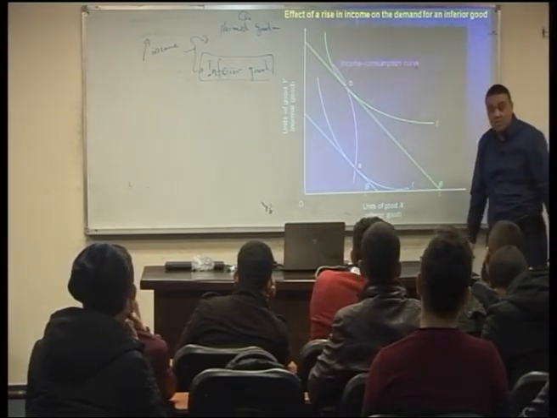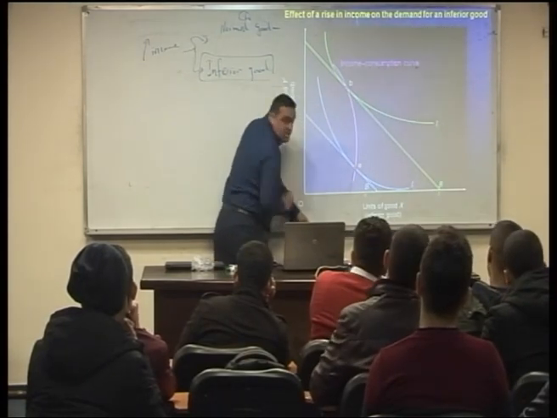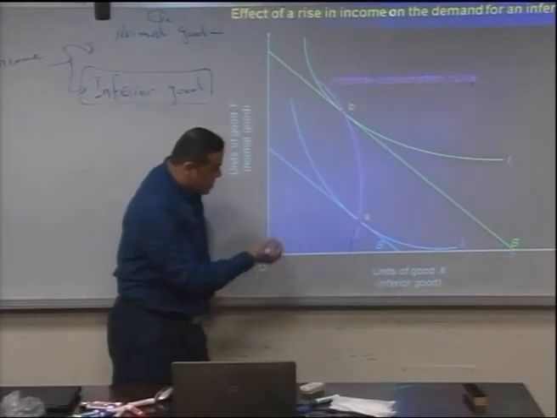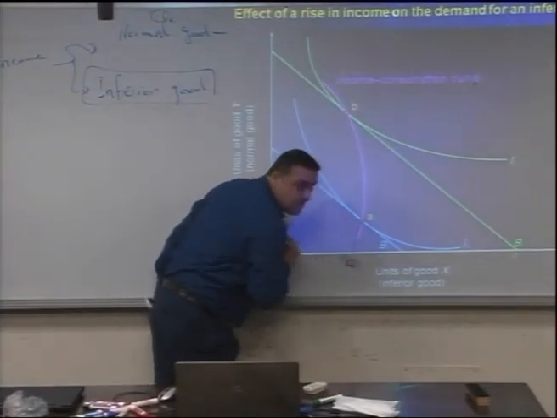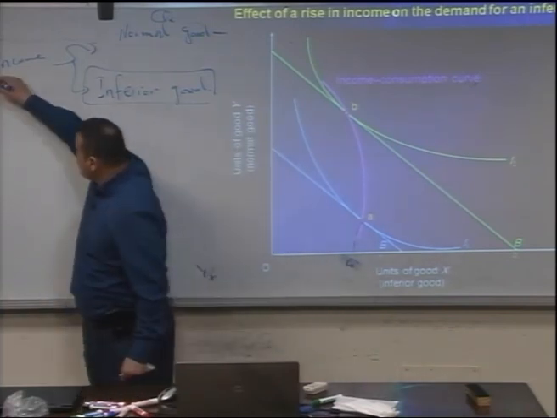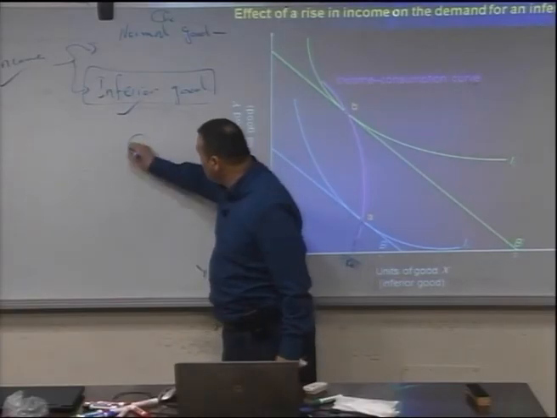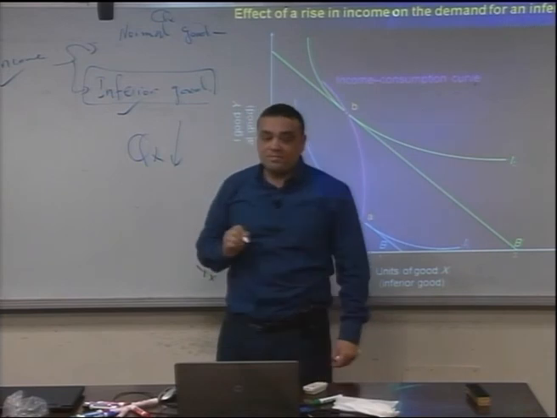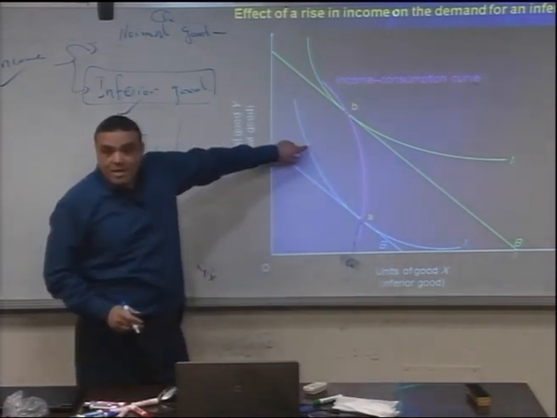The quantity of X, this is the original quantity that we advised the consumer to buy. Let us assume it was 10 units. Now the consumer's income increases and the good is inferior, so the quantity of X goes down. Where will the point be?